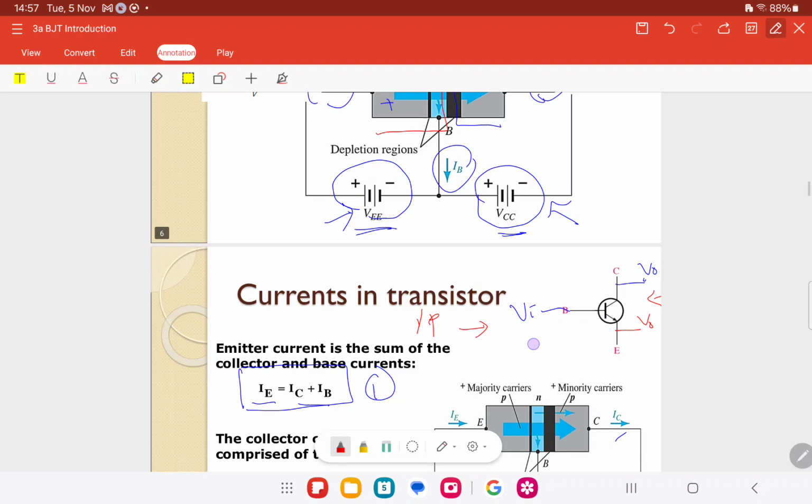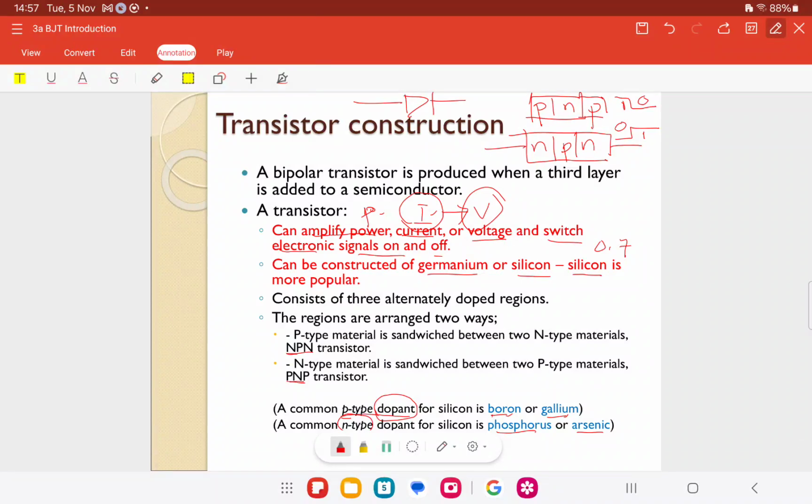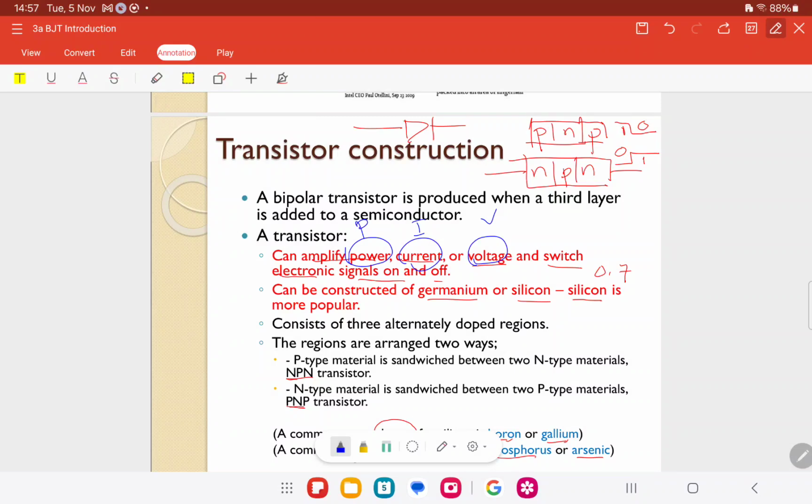Why do we want to know the 2 port network? Because earlier there were 3 things that we will analyze: the power P, current I, and voltage V. For this transistor, normally we apply it in an amplifier, meaning we want to amplify. When we want to amplify, there must be gain.